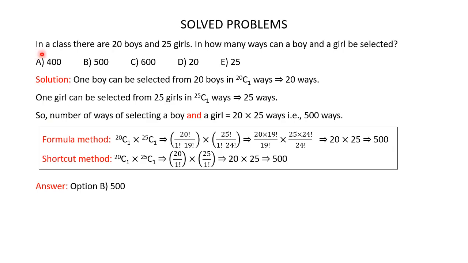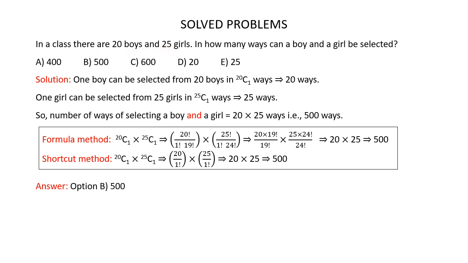In a class, there are 20 boys and 25 girls. In how many ways can a boy and a girl be selected? Here you are given 5 options and you have to find out which of these options is the correct one. So here you have to select one boy and one girl from 20 boys and 25 girls.